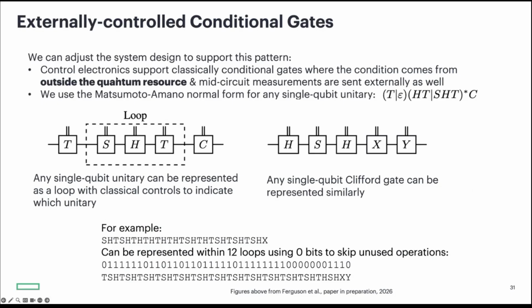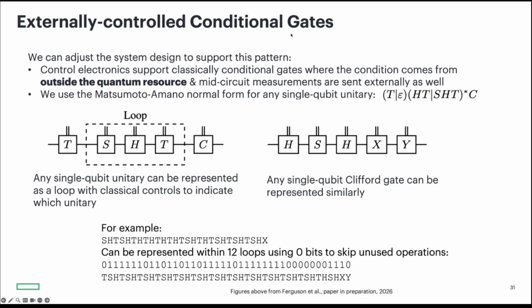So what we can do is make one change to our initial system design, which is to add the ability to send measurements mid-circuit to some kind of helper resource and to receive some classical condition values from the other resource. I'd call these externally controlled conditional gates.